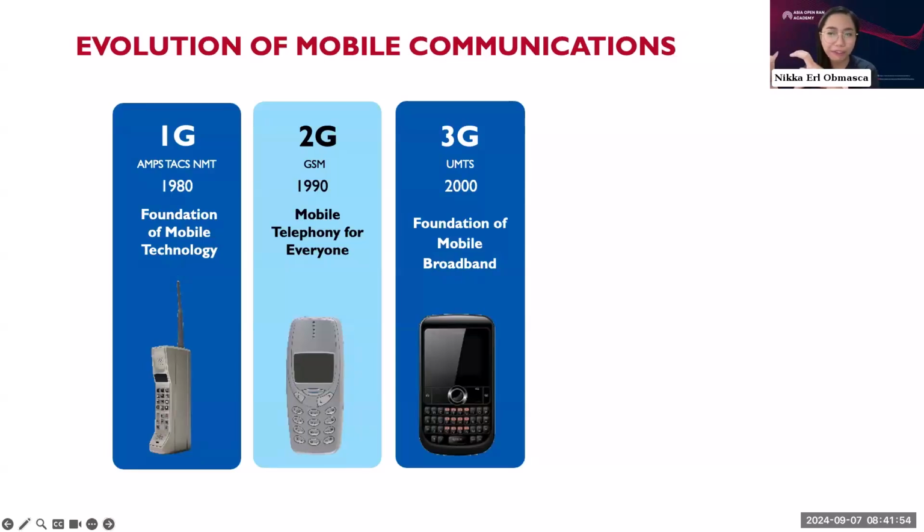So it brought a faster data speed, enabling more advanced services like mobile internet, video calls, and multimedia messaging. So eto, dito na yung nagka-introduction tayo with a better or faster data speed. So this is using UMTS as a system, or Universal Mobile Telecommunication System.